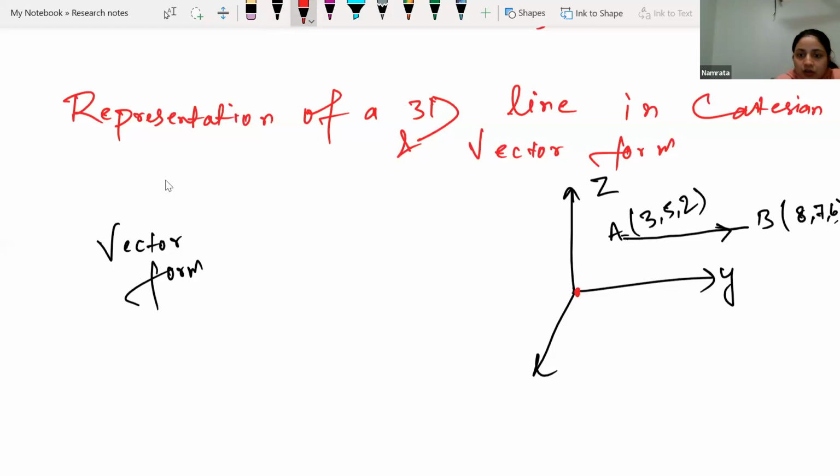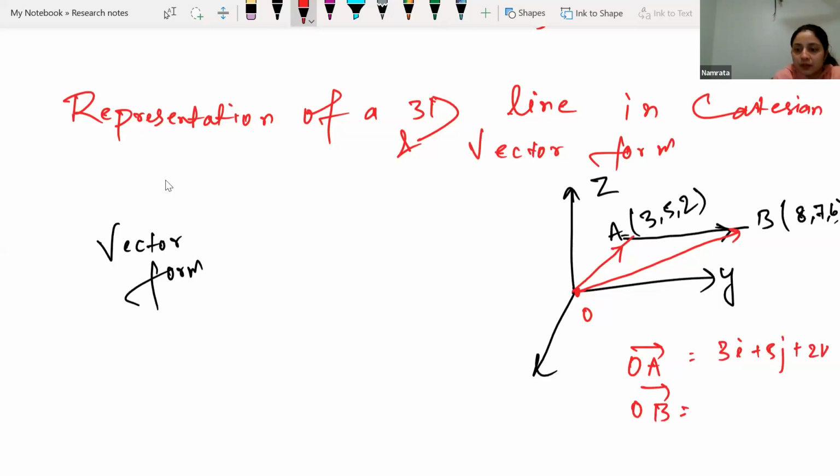So here is the origin O. We can find OA, then we can find OB. OA will be 3i plus 5j plus 2k. OB will be 8i plus 7j plus 6k.